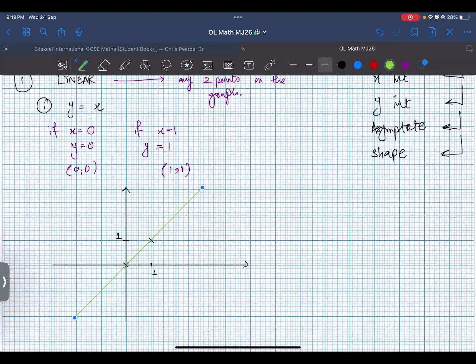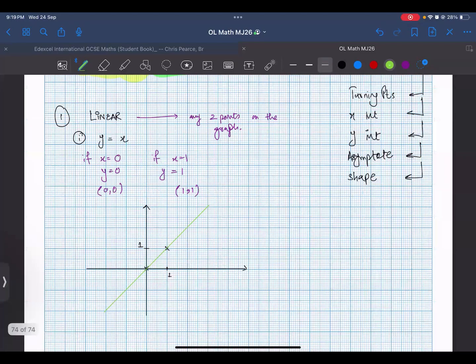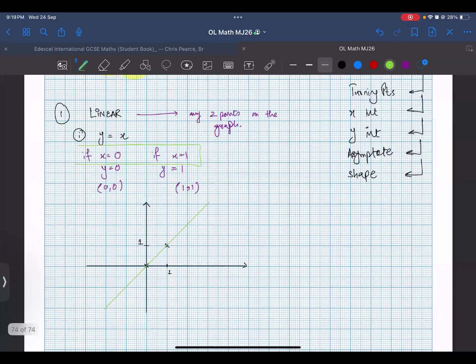This is the sketch. That's it. So whatever line equation is given to you, you find any 2 points, find the values of y, and then plot those 2 points and then join them and then extend. You will get the sketch of the line.